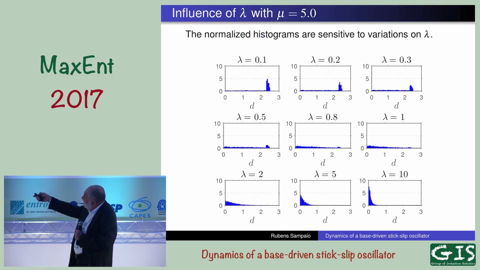And what's happened is this. You see, I'm going to show you when I vary the parameters, you see this thing here starts to be displaced to the other side. Everything here is in the same unit. You see, this thing displaces from here to here.